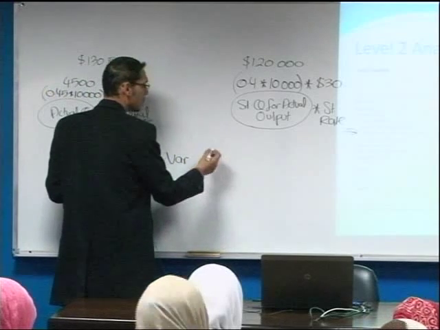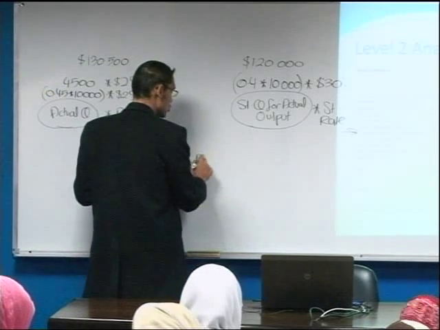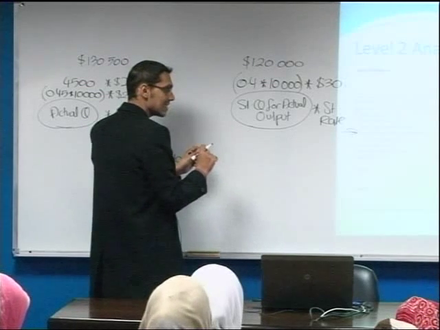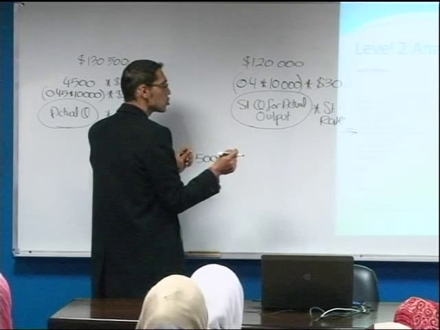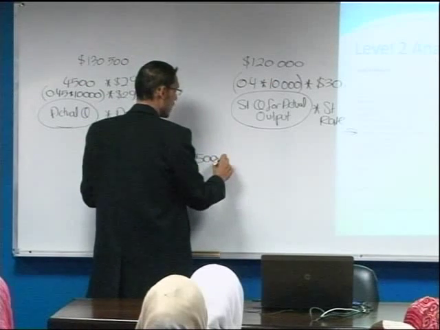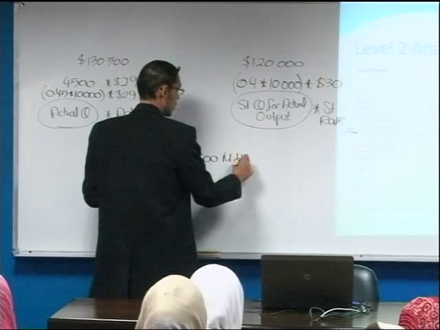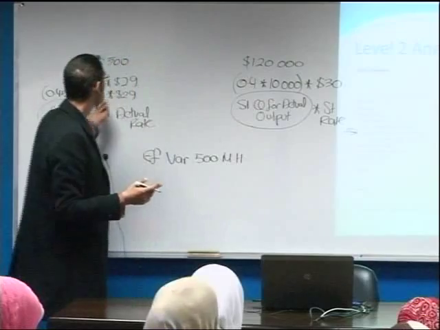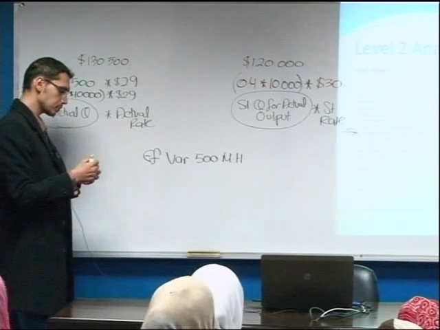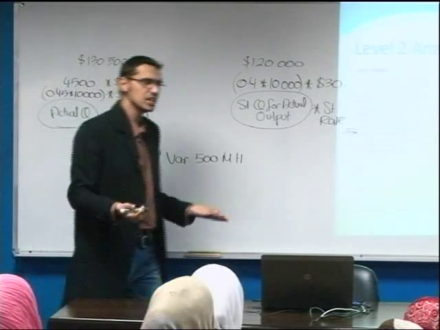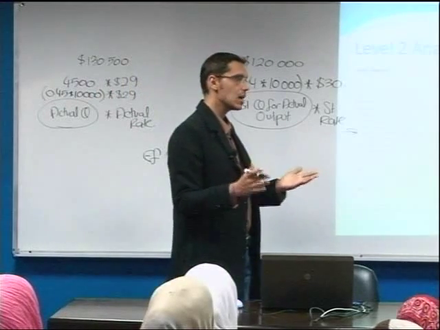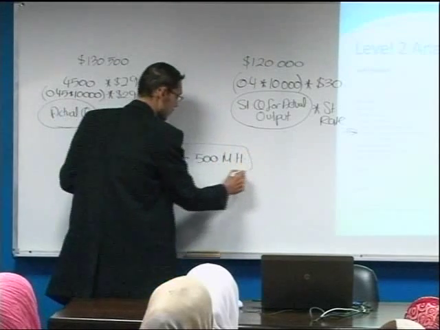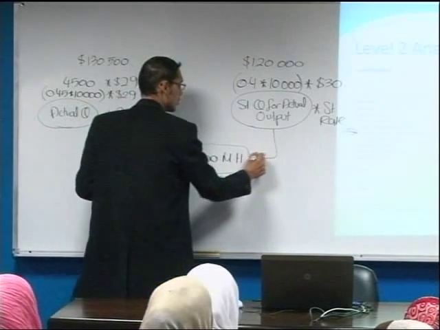It is not an amount but the number of machine hours that differs between the actual and the standard: 500 machine hours, which cost $30 per machine hour. This would be the amount of this variance.